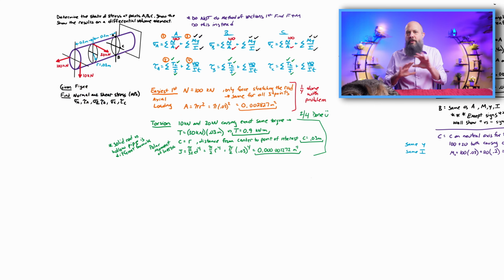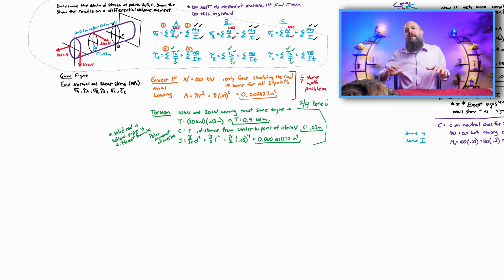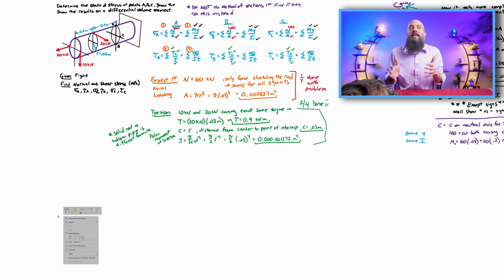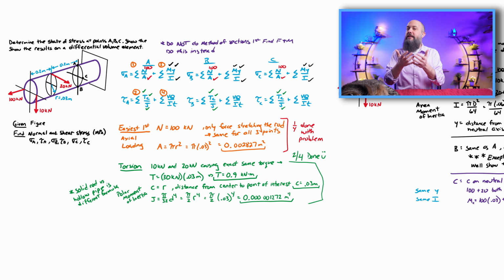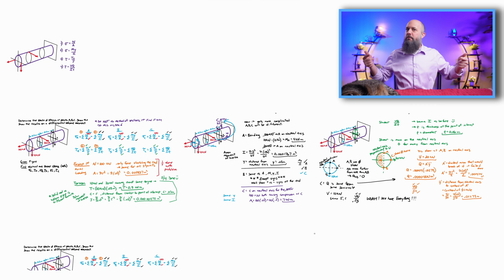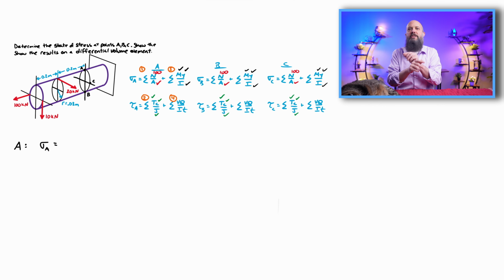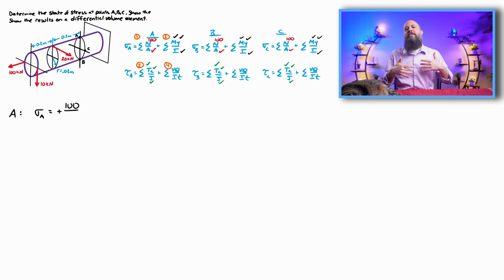So we plug in all the numbers we found throughout the problem, but now is when we actually have to take a look at sign convention. Do these forces help each other? Are they pulling in the same direction, or are they opposing each other? And there should be some minus signs involved. So for point A, normal stress, the 100 is stretching, right?